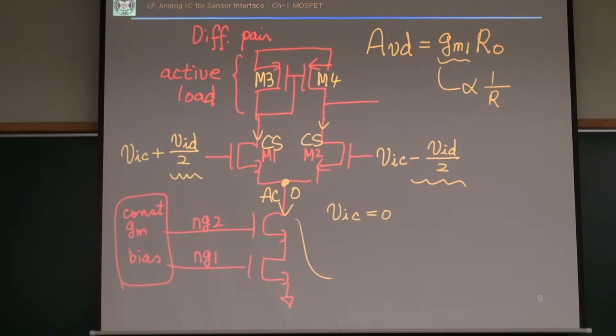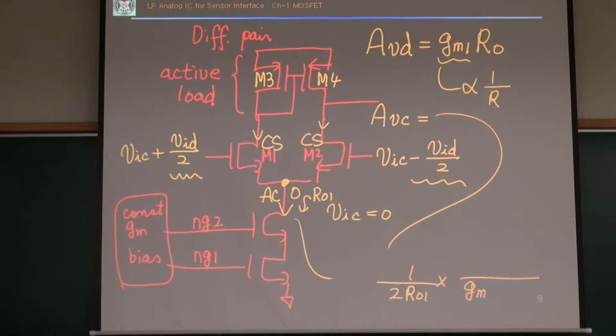For the common mode voltage gain, the low frequency voltage gain is, let's see, this is the small signal resistance looking downward. That's RO1. Then the common mode gain is just 2 RO1, and then I think this is divided by GM3 RO1 RO3 times RO.